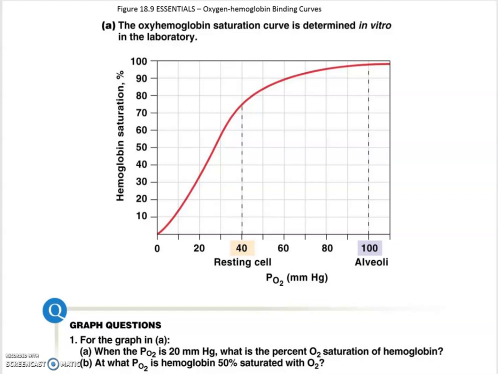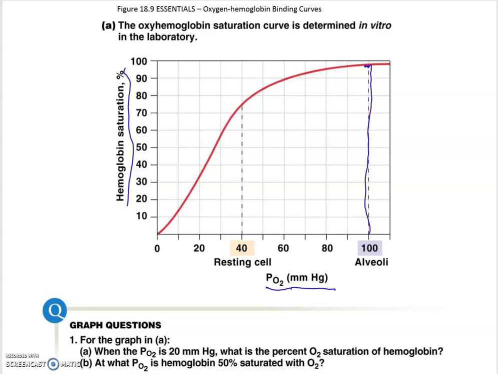As your blood travels first through the lungs and gets oxygenated, we're loading up with oxygen, and our oxygen saturation will approach 100%. Over here on the y-axis, we have the hemoglobin saturation with oxygen in percent. And down here, we have the partial pressure of oxygen in millimeters of mercury. At the alveoli, we have nearly 100% saturation of hemoglobin with oxygen.